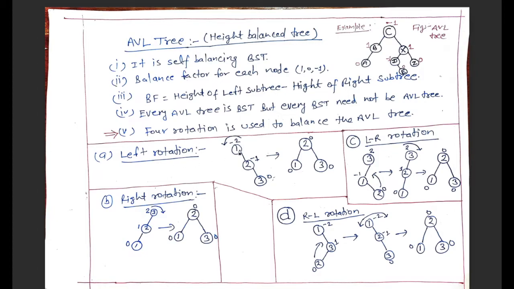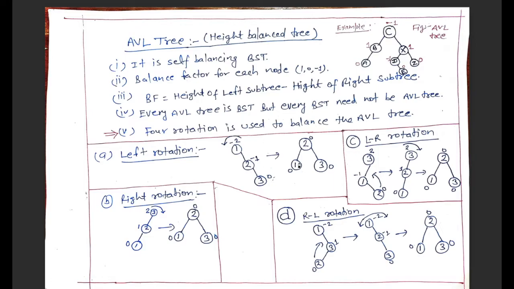In the left rotation case, if the situation is like this, it means nodes have been inserted to the right of the root node. So apply the left rotation, which means you rotate toward the left side. After rotating left, you can see that 2 has reached the root node.